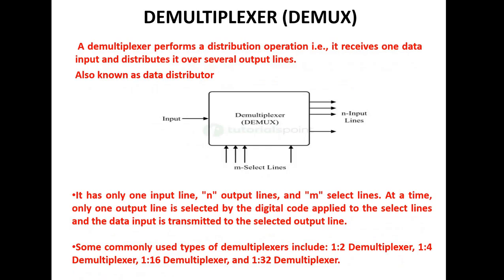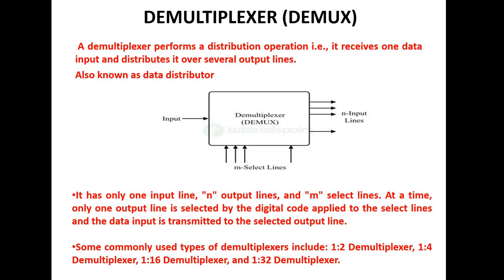Next, we'll see the demultiplexer. It is denoted as DEMUX. It performs distribution operations. That is, it receives one data input and distributes it over several output lines. It is also known as data distributor because it receives a single input and produces several outputs.